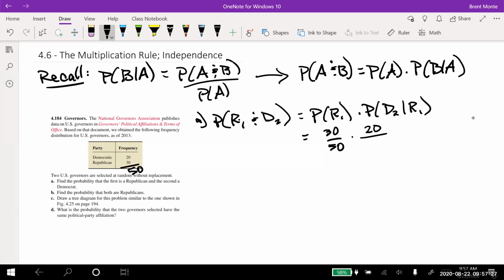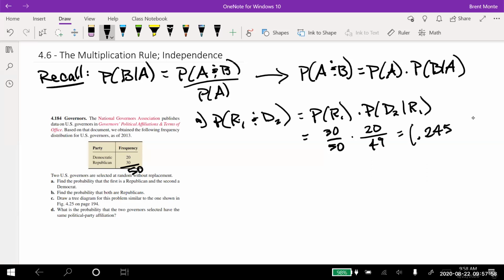No, because we already picked one. So now there's only 49. So that's where, given that the first was Republican, we took one of the Republican governors out of the pool. And so that's what we would have left. And we just multiply 30 divided by 50 times 20 divided by 49. And I get 0.2448, so I have to round up to 0.245.